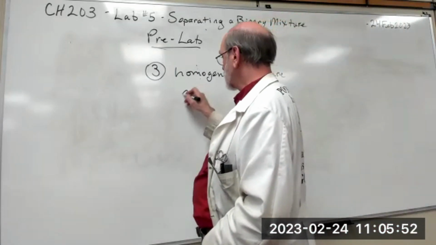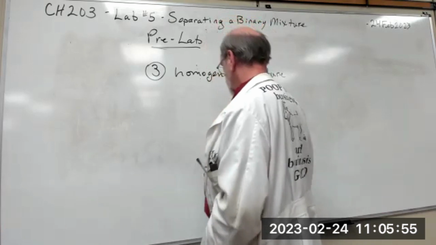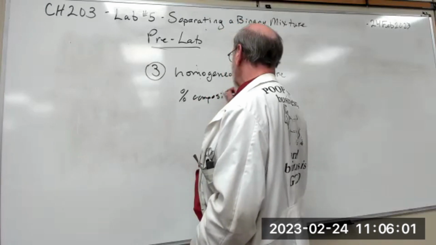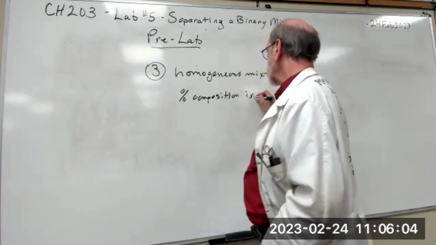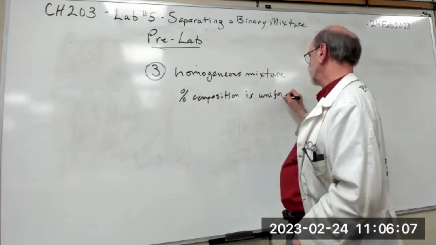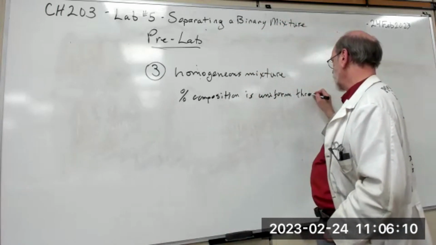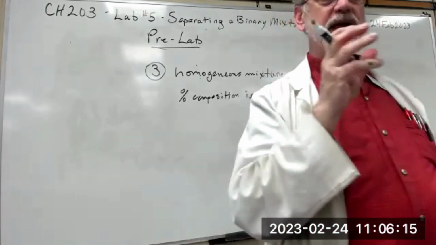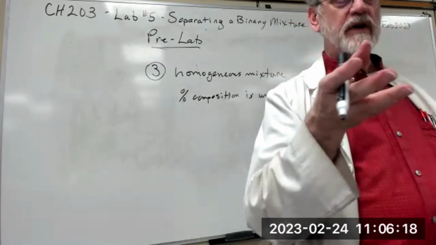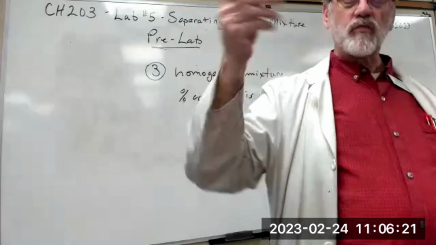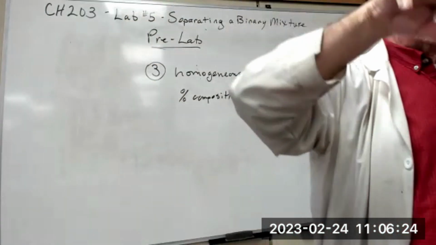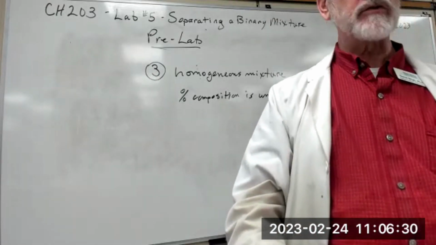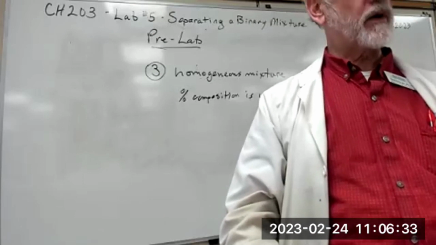The percent composition of all the components is uniform throughout. Any place you sample that homogeneous mixture, you're going to have the same concentration of the components. So when you filter that water through and you get the sodium chloride solution in your second beaker, that's a homogeneous mixture. It's a solution of sodium chloride in water.